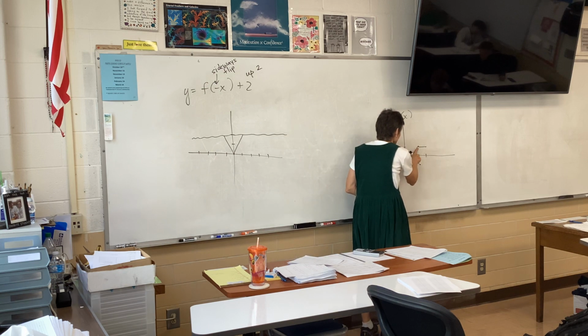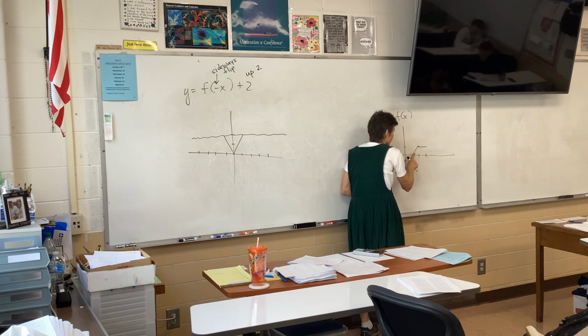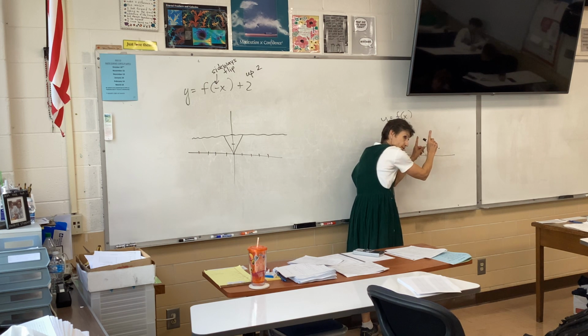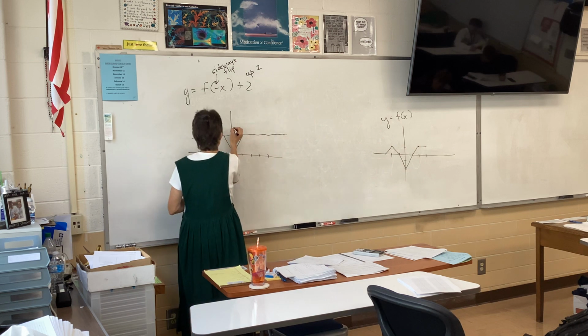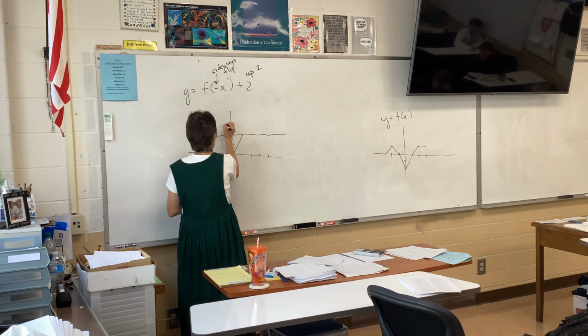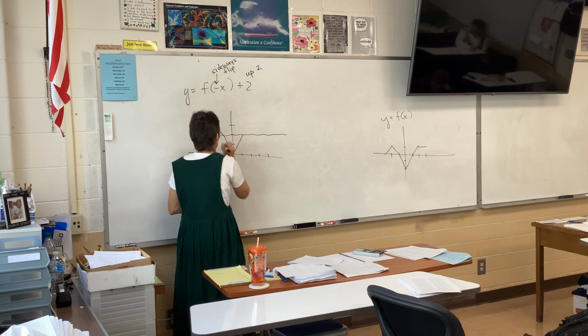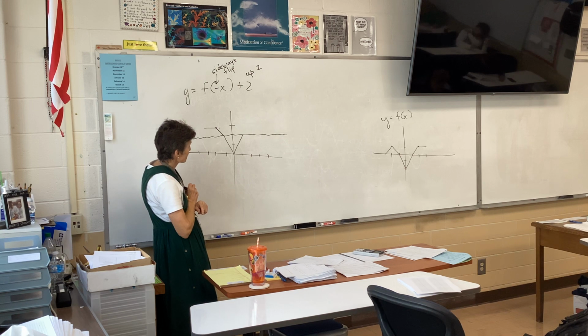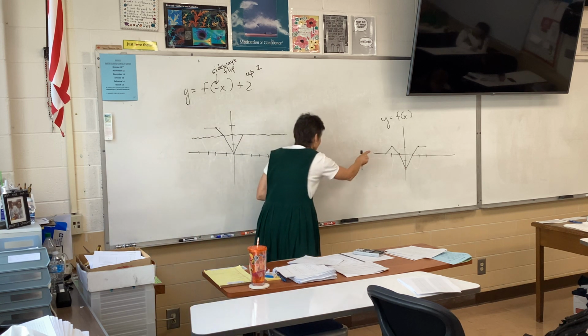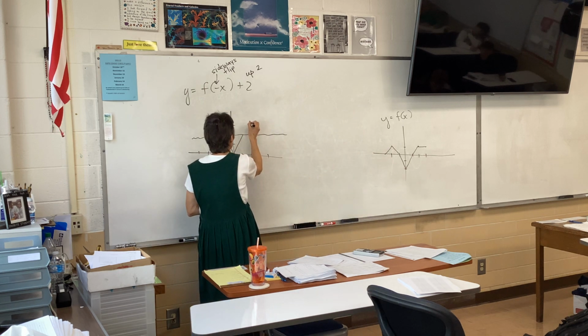And then this half trapezoid thing, he's shooting off to the right, so I'll have to have him shooting off to the left. And then this little triangle will be sitting right here.